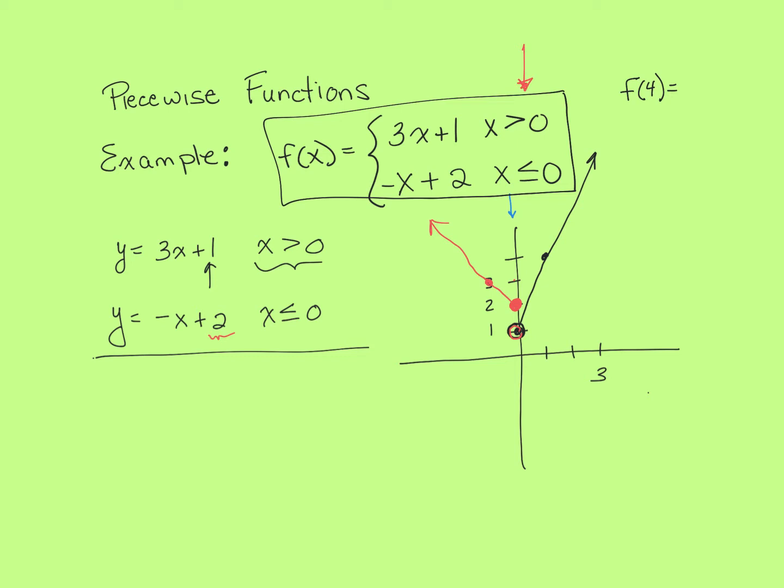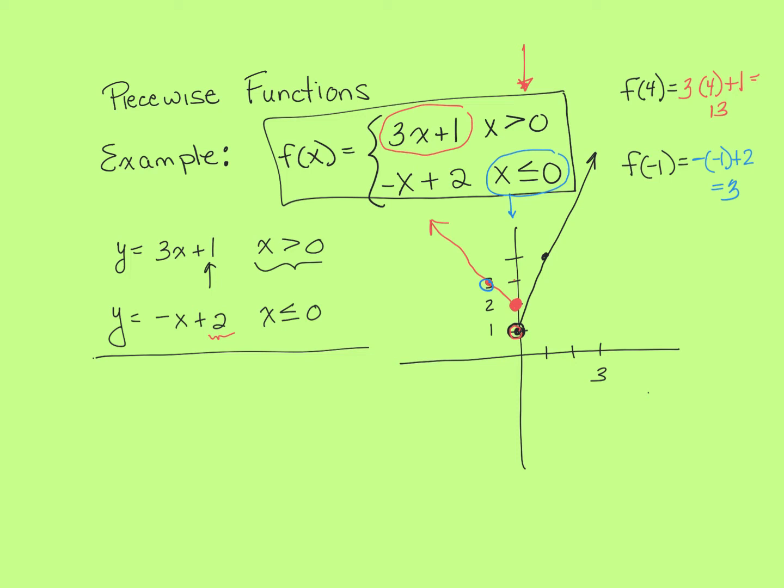And since it's greater than 0, we will plug it into the 3x plus 1, and we'll get 13. If I wanted to find f of negative 1, for example, then negative 1 is less than or equal to 0, so that will be negative of the negative 1 plus 2, or 3, and you can see that value right here.